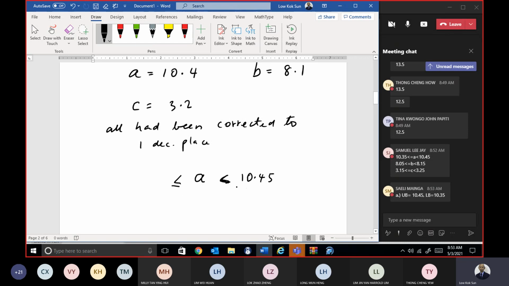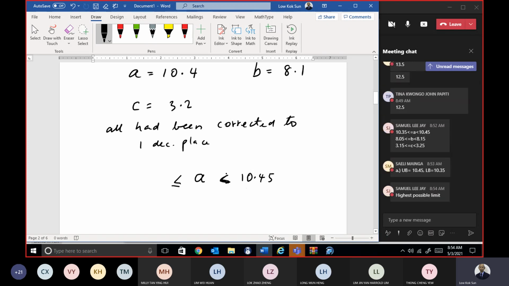Because of the mathematical convention, anything that comes to 5, the last digit 5, should move to the right-hand side, it should increase. But since we are putting upper boundary and lower boundary, what's the meaning of boundary? Boundary is an imaginary number, understand? It is used for us to spot the answer.